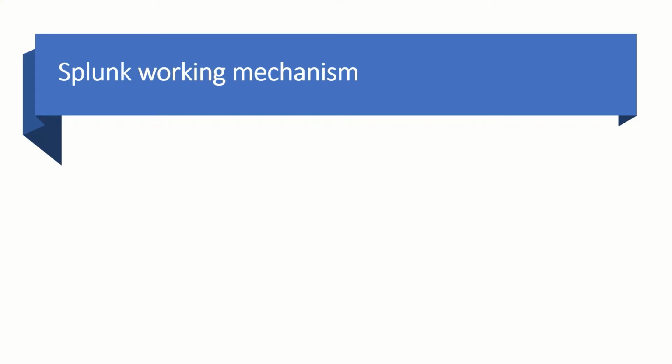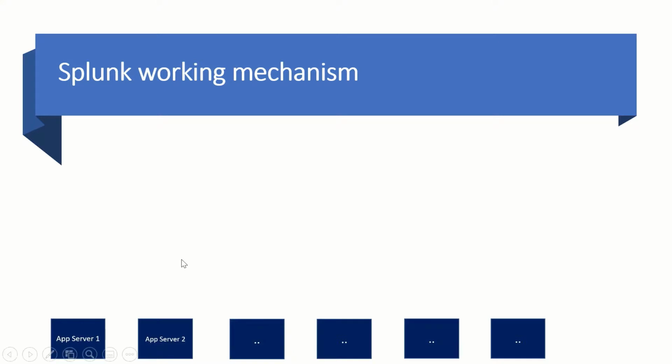Now the next topic is the working mechanism of Splunk, or how Splunk works. In the previous topic, as I mentioned, the application servers we call inputs in Splunk terminology.